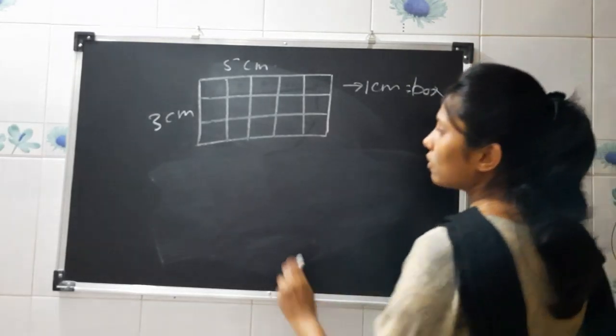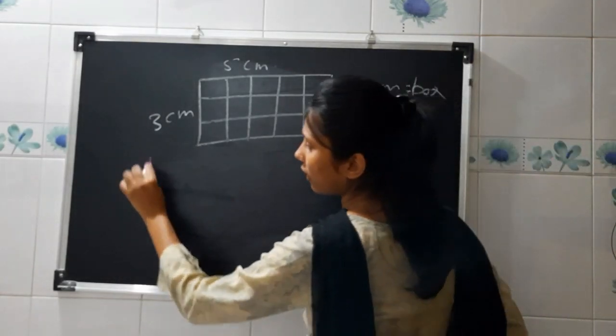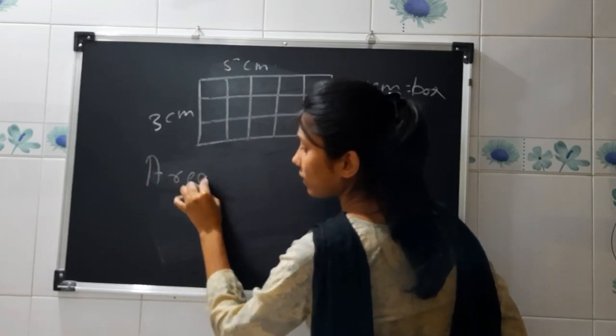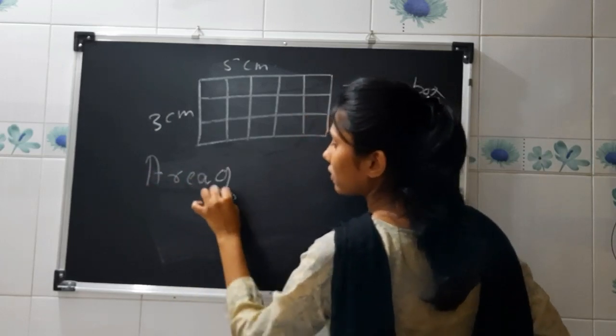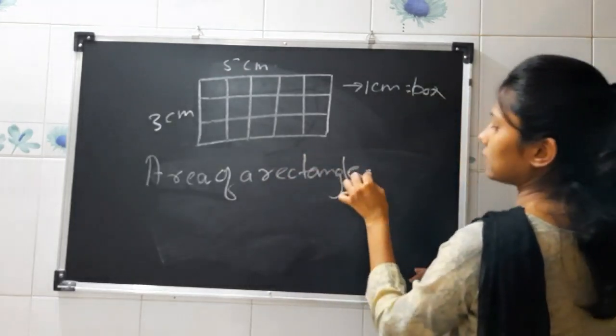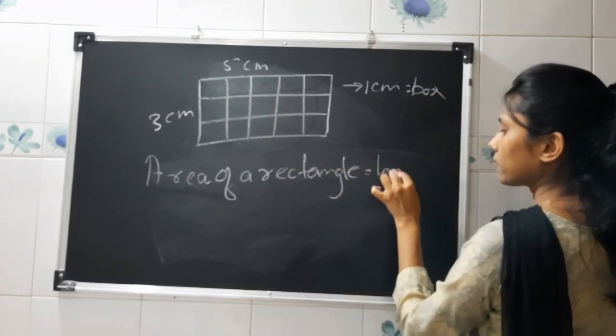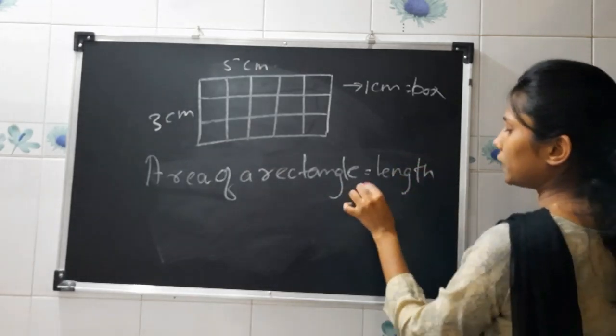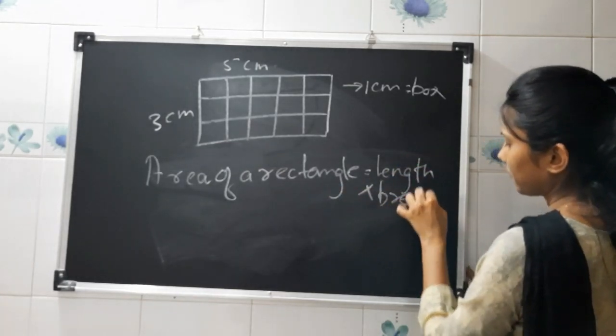Now there is one formula for finding area of rectangle. Area of a rectangle is equal to length into breadth.